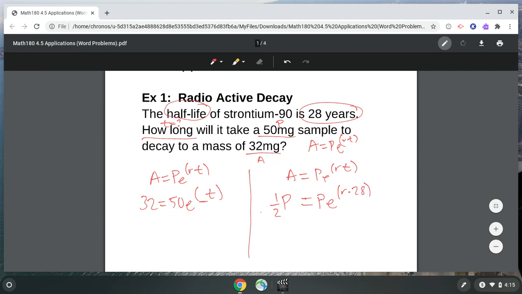So t is 28. Now here it looks like we have two variables and we can't solve for r, but actually if we divide both sides by P, they both cancel on both sides.